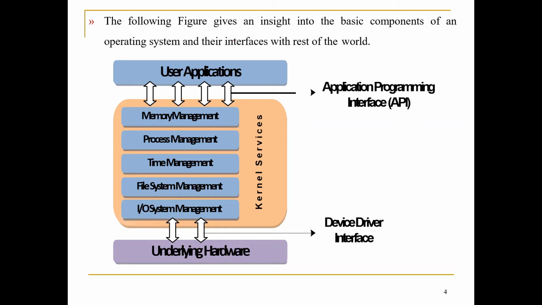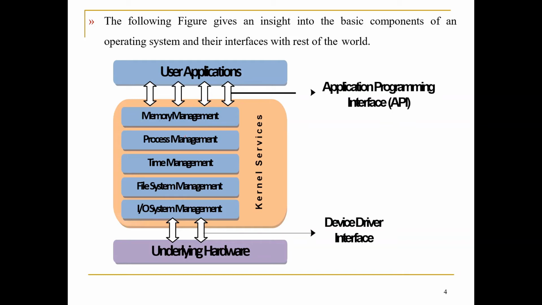The following figure gives an insight into the basic components of an operating system and their interfaces with the rest of the world. In fact there will be APIs, meaning interfaces: user interfaces based on the applications, and interfaces based on the drivers installed in the system. This is how your operating system is going to look.